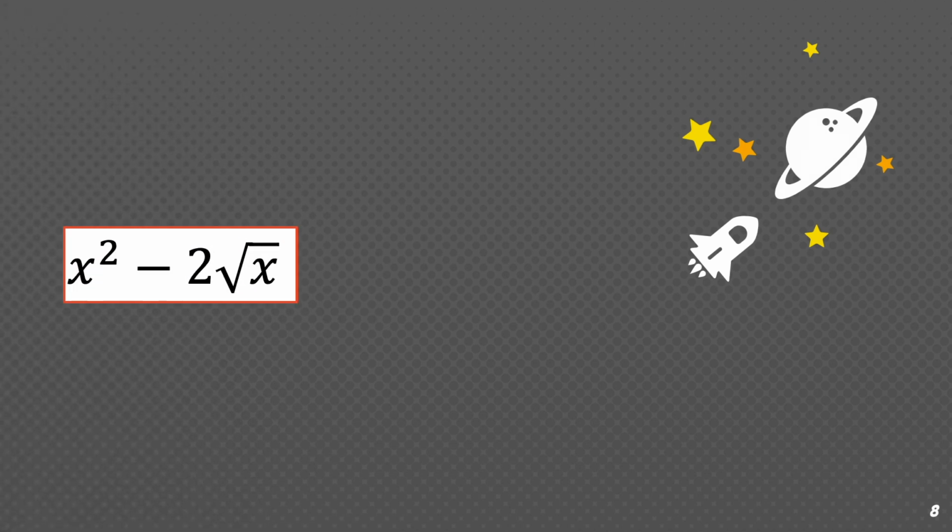Let's have our next example. x squared minus 2 square root of x. The first term is x squared, where variable x has an exponent of 2. 2 is a whole number. The second term is negative 2 square root of x. Unfortunately, x is in a radical symbol.